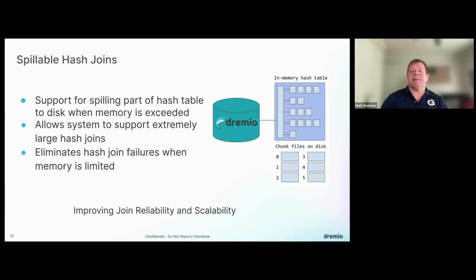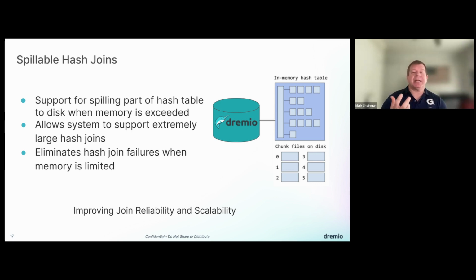One of the other things that is new and that we've brought to the table is spillable hash joins. What this means is that when executing a hash join, the first phase is that you create the hash table within memory.